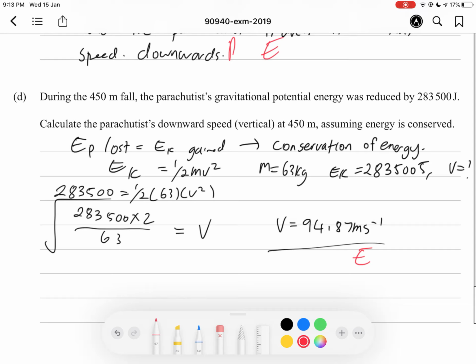To get a merit grade, merit grade could just be setting up an equation, perhaps. Setting up an equation for V. An achieved grade, maybe just, I'm not sure, but maybe just this whole statement here by itself could get you an achieved, because you're stating your assumption.